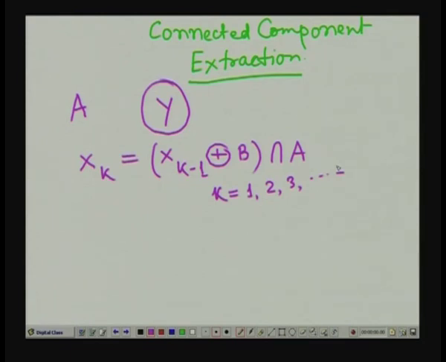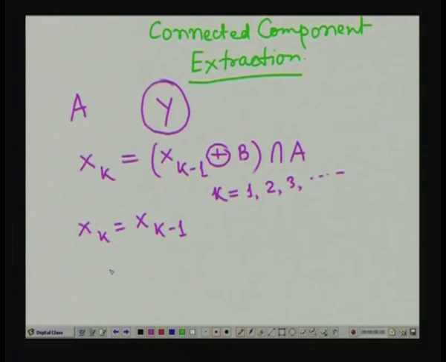Finally, as before, we reach a convergence, or the algorithm will terminate, when we find that x_k remains the same as x_(k-1). That is, in two subsequent iterations the result does not change, and at that point the algorithm terminates.